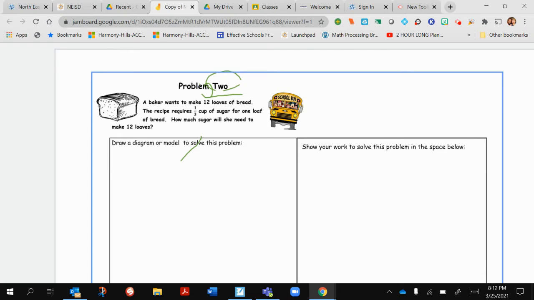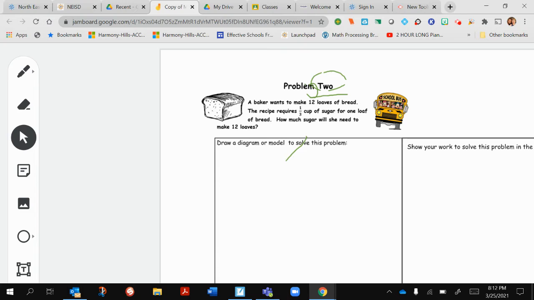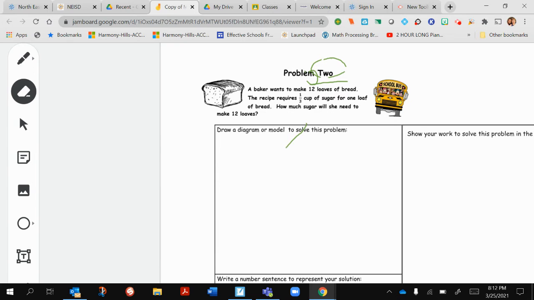There we go, 1/3 cup of sugar. And I want to erase this line right here because I do want to circle that part. Make sure that you underline that unit of measure so that you can see it.